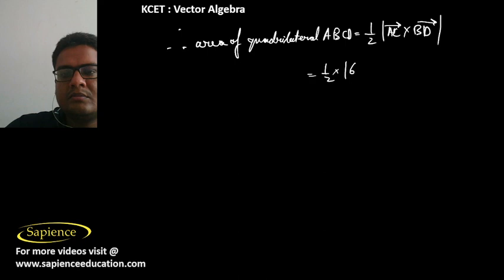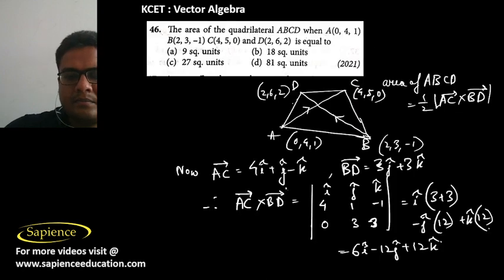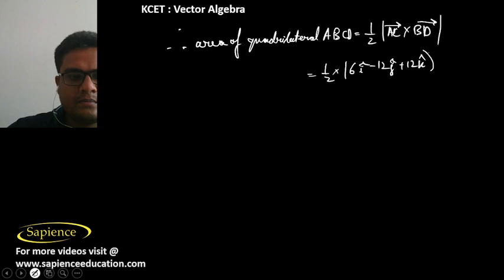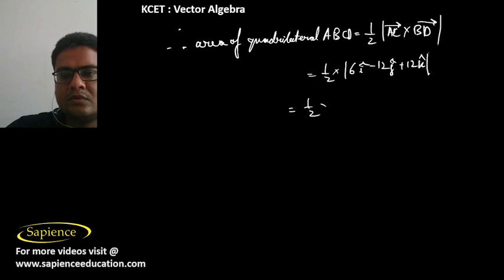Therefore the area of the quadrilateral ABCD will be equal to half of mod of AC cross BD, that is half of the magnitude of 6 I cap minus 12 J cap plus 12 K cap. So that will be half of square root of 6 square plus 12 square plus 12 square.